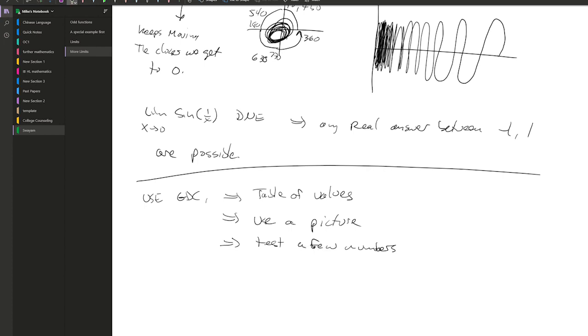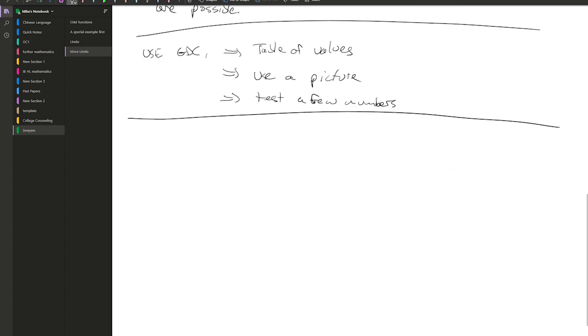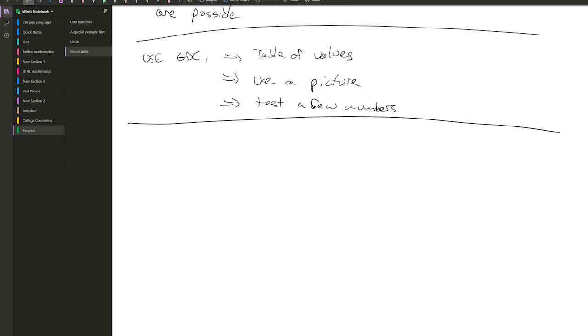Okay, so that's what we're looking at here. Paying attention to limits matters. And so now we also have this idea of infinite limit. I want to do the limit as x goes to infinity of f of x, or the limit as x goes to minus infinity of f of x.